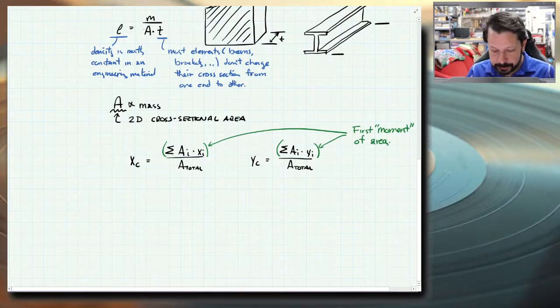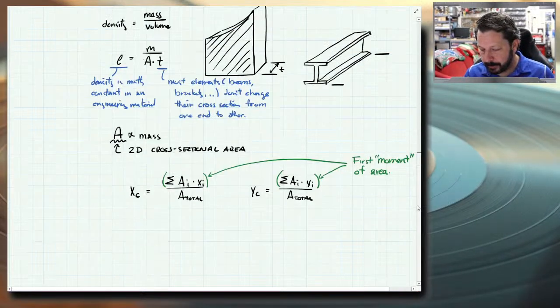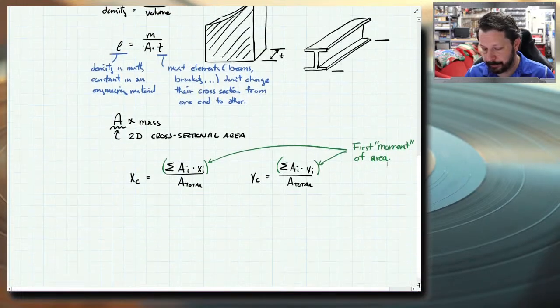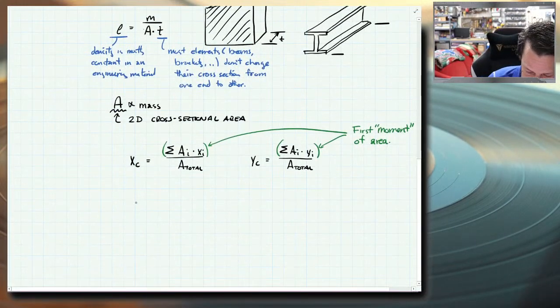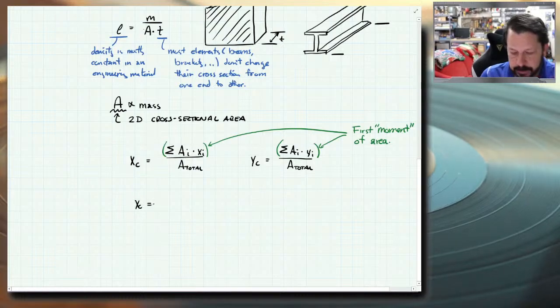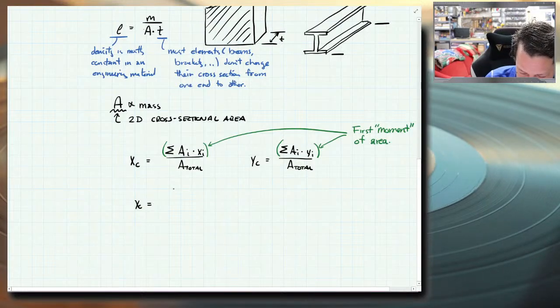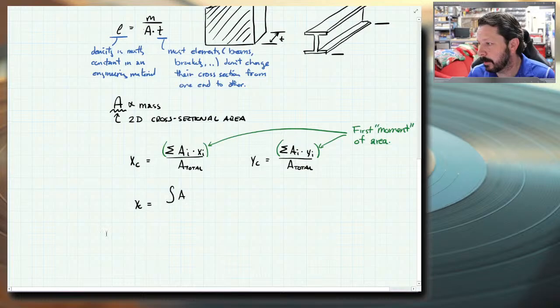You might notice that it's probably not too useful all the time to just have all these little circles. So what we could do is write these equations, x sub c, instead of doing discrete little pieces, little circles, we could just integrate. And instead of having summations, we could have integrals.